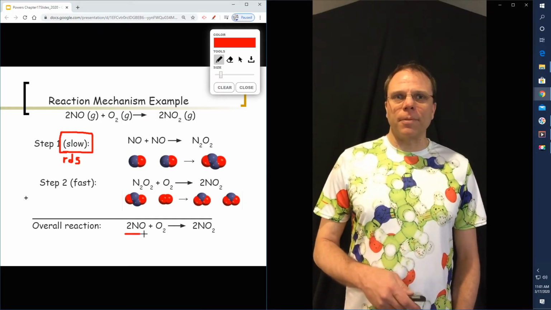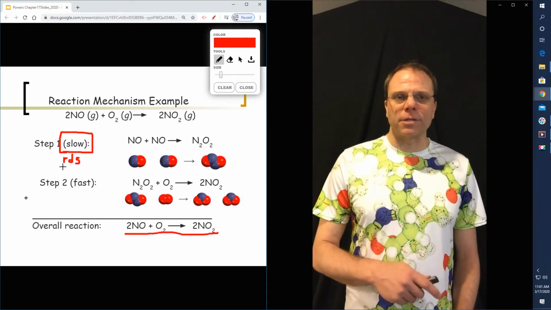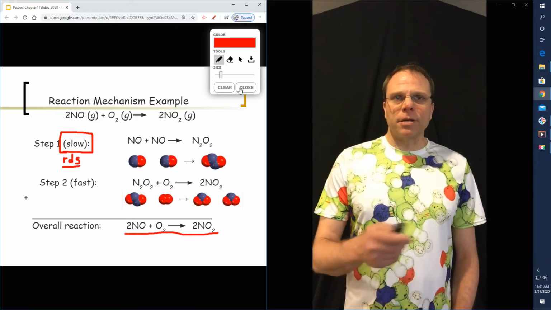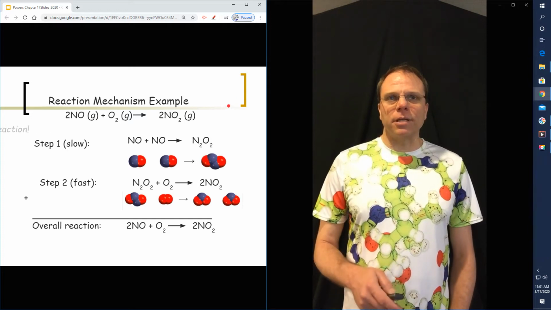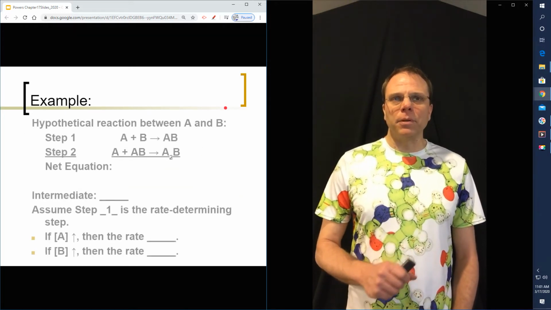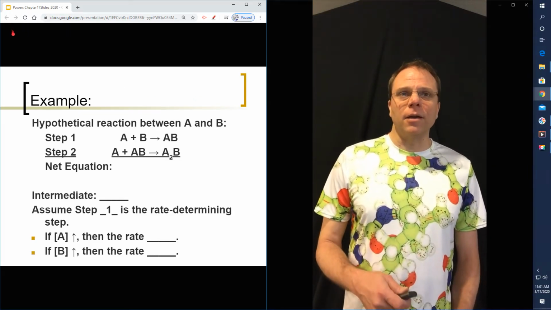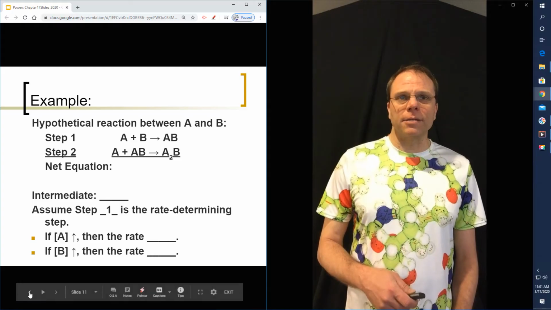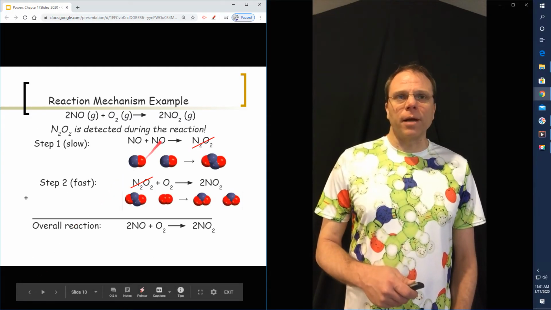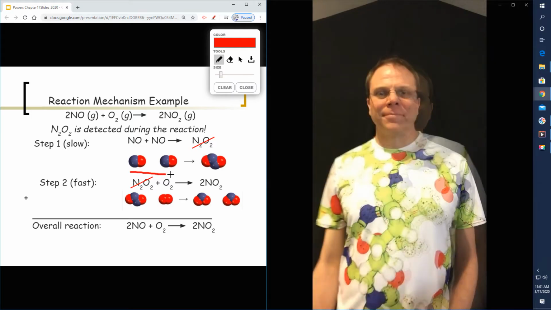But the slowest step is going to be the rate determining step, and so that's that first step. Here's another illustration of that so you can see what we're looking at here. You've got those blue spheres and the red spheres. The blue spheres are nitrogen, and the red spheres are oxygen in this case. And so you can see the chemical reaction taking place in this illustration.